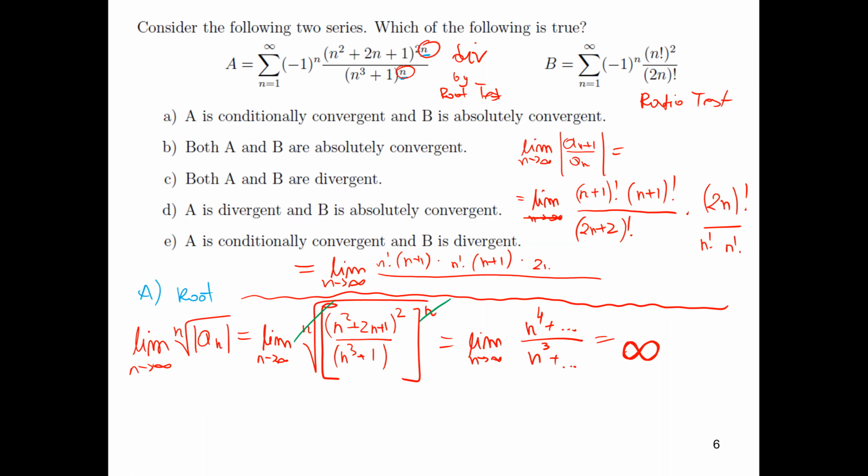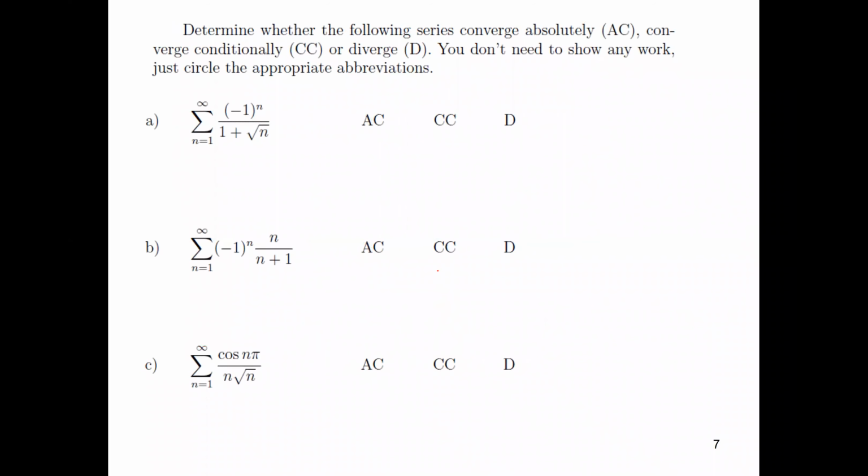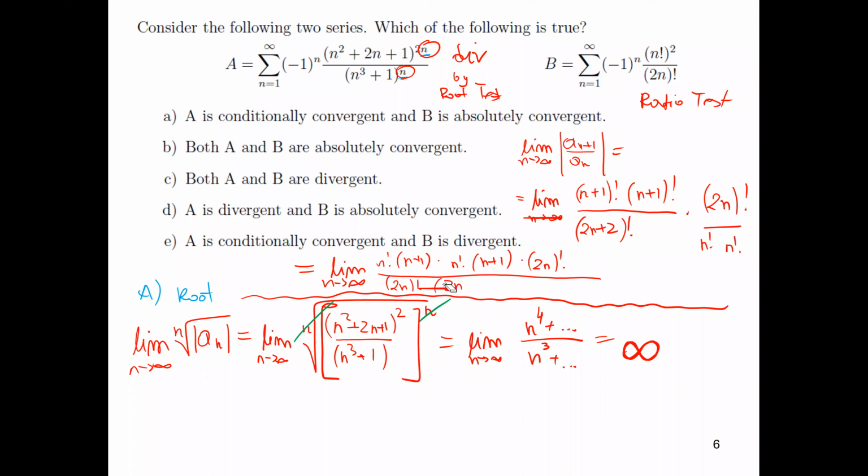And I can put (2n) factorial. (2n plus 2) factorial, I can rewrite as (2n) factorial, and then (2n plus 1), (2n plus 2). And then I had this denominator, n factorial, n factorial. This and this, this and this are gone. This factorial and this factorial are gone. That means what stays? (n plus 1) and (n plus 1).